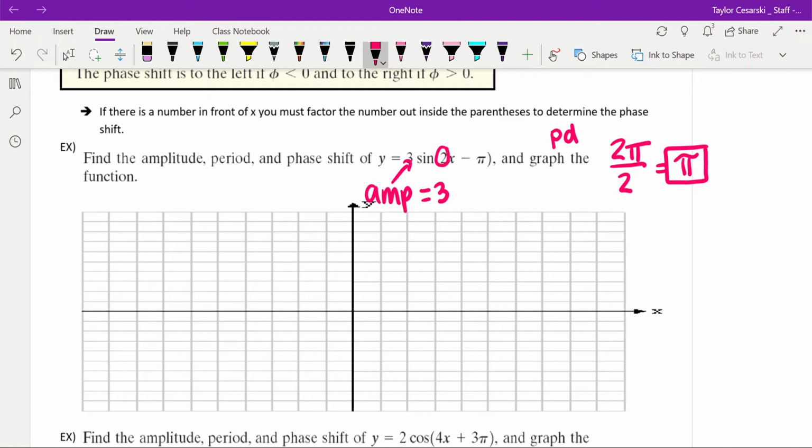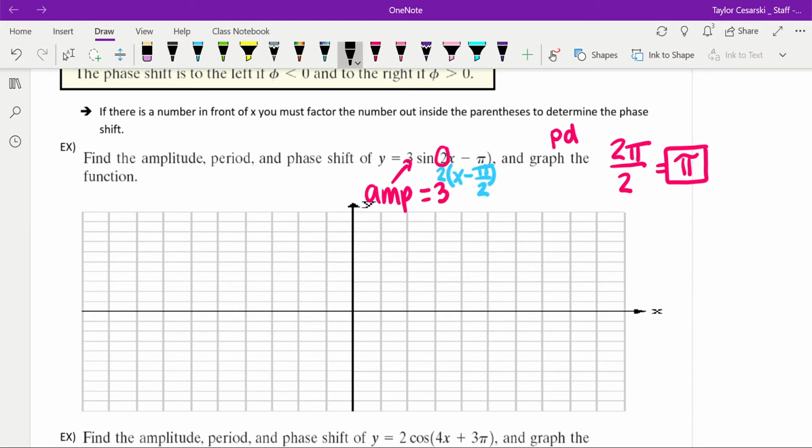Now, here's where it gets a little bit tricky for your phase shift. This 2 is the number that's technically in front of both x and negative pi, so I have to factor that out. So x minus pi over 2. Make sure that you factor that out when you take into account if it's going left or right.